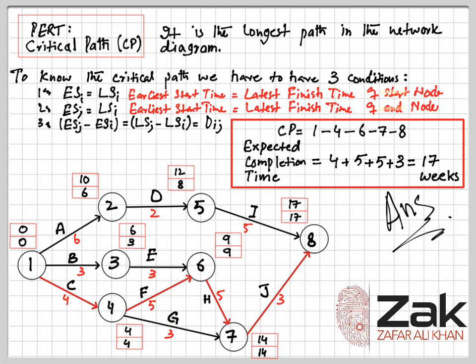Remember I told you a shortcut: find all the routes from the first node to the last, add up all the durations of the activities on each route, and take the one with the longest duration as the critical path. This might give you the same result, but it is always a good idea to find it through all these formulated conditions.